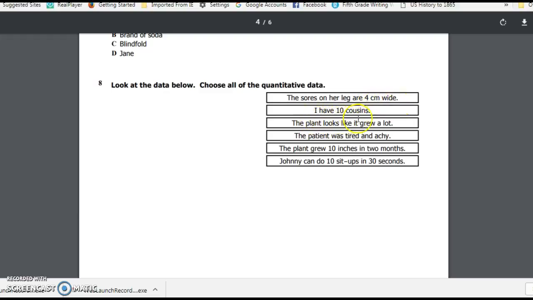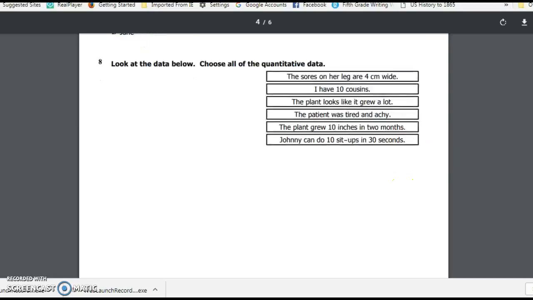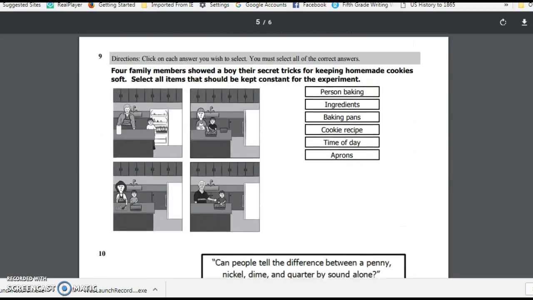I have 10 cousins. The plant looks like it grew a lot. The patient was tired and achy. The plant grew 10 inches in 2 months. Johnny can do 10 sit-ups in 30 seconds. Choose all of the quantitative data on your loose leaf. Pause it if you need to.